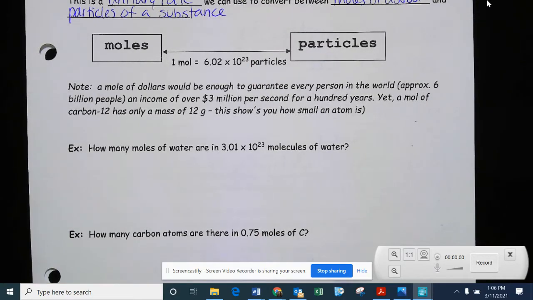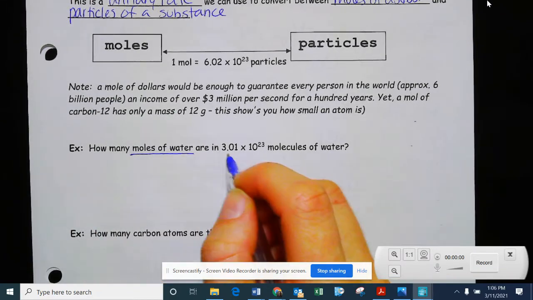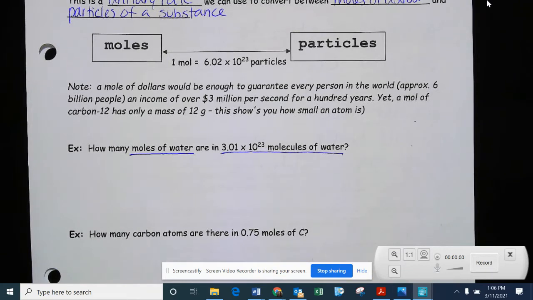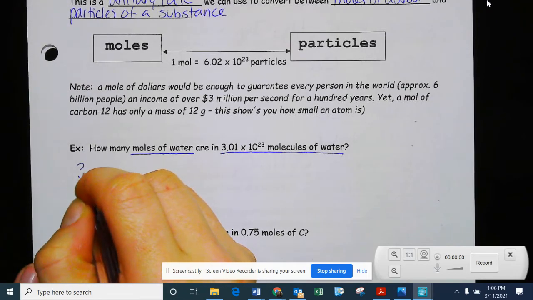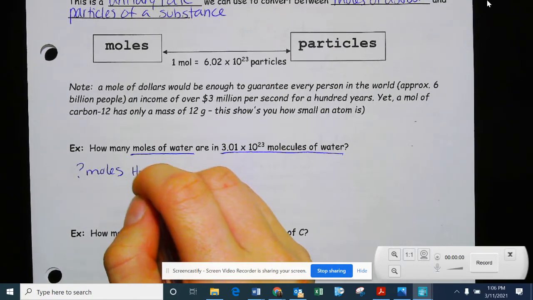Okay, so let's figure out how many moles of water are in 3.01 times 10 to the 23 molecules of water. First off, just by looking at that, do we have 1 mole or less than 1 mole? We have less than 1 mole. Yep. So what we want to know is how many moles of water.